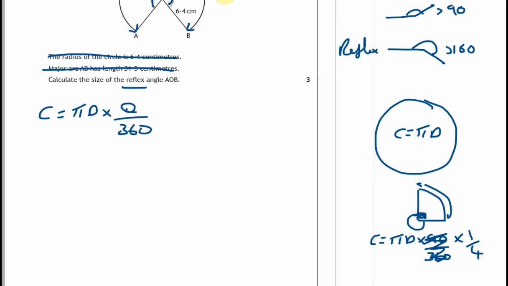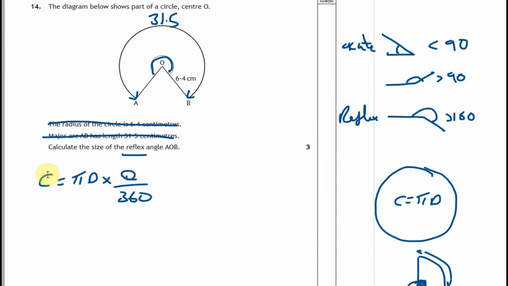I'll call it arc length, just to be correct, rather than circumference.